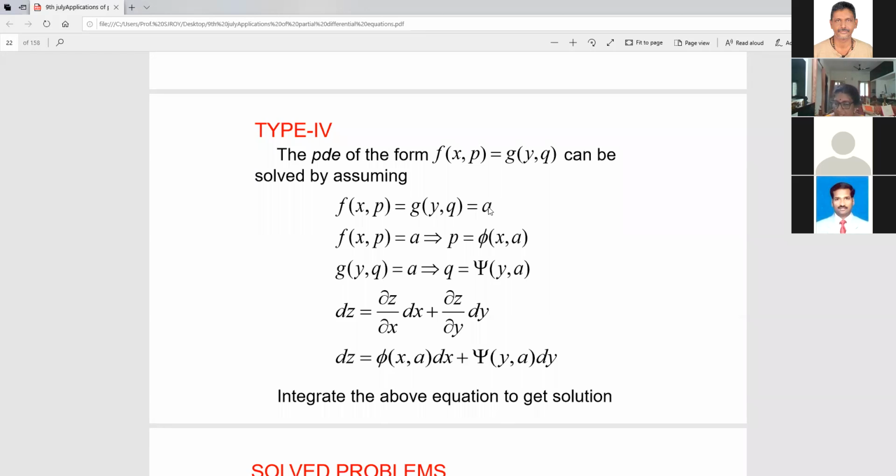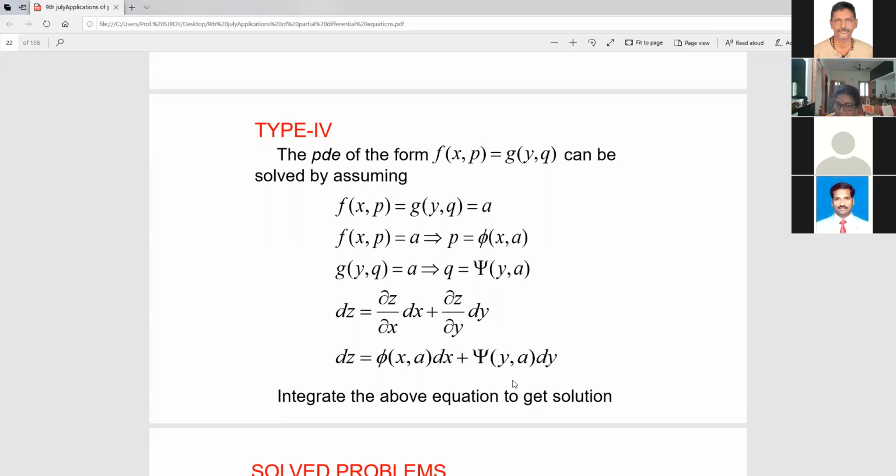Of course, we say it is a constant, but basically it is a parameter. Now rewrite this as P and Q and substitute in this equation. What is P? P is nothing but a function of X and A, and Q is a function of Y and A, of course. If you substitute here, it is easy. This is integrable.